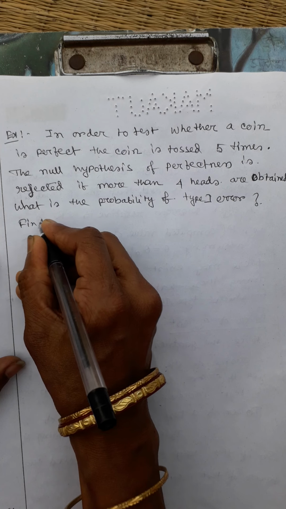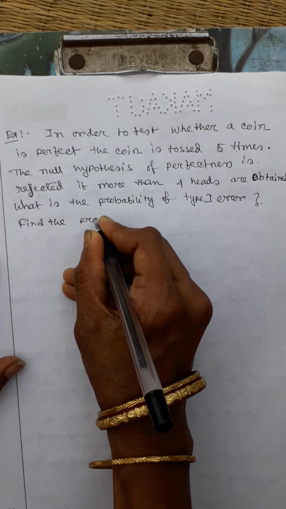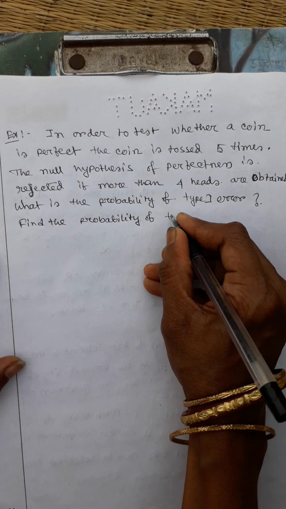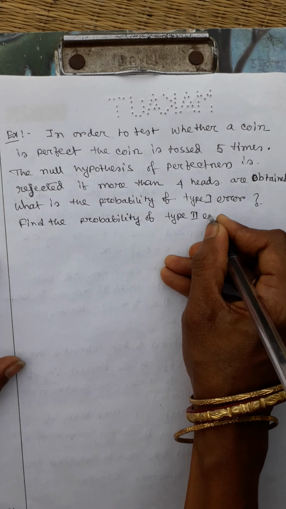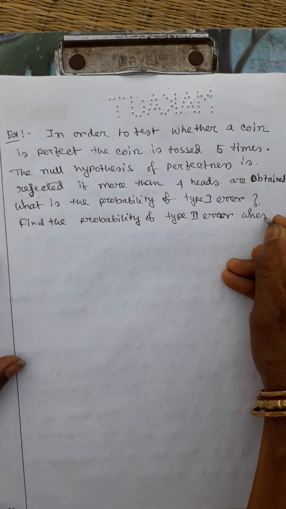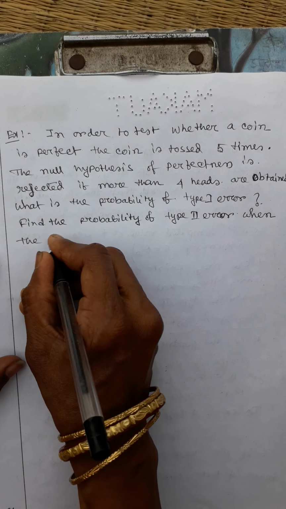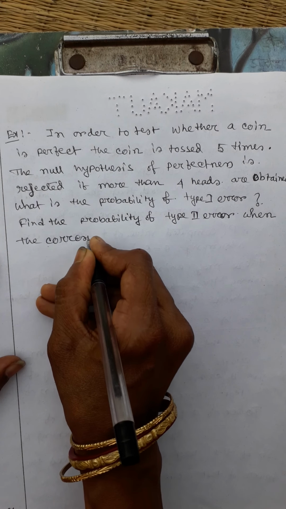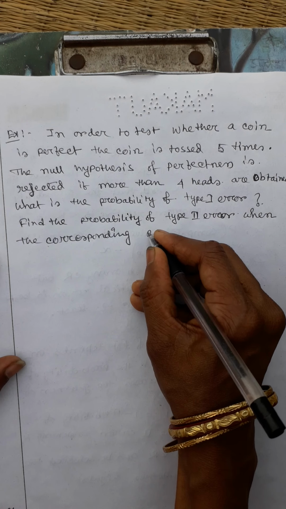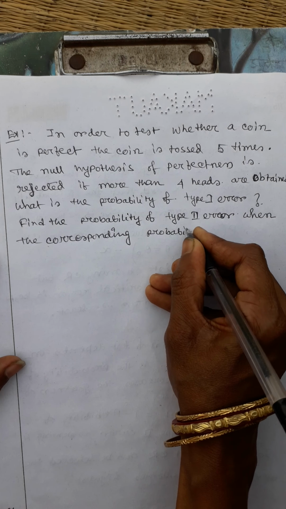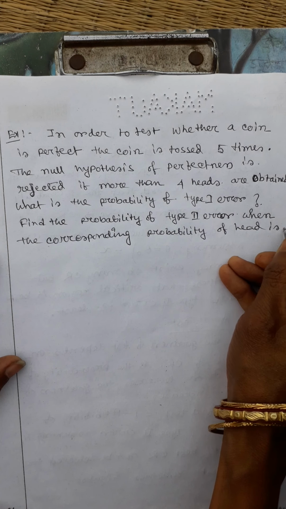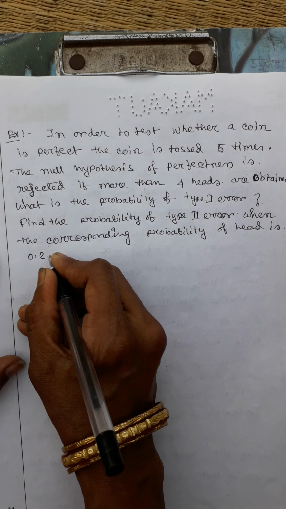And find the probability of type 2 error when the corresponding probability of head is 0.2.